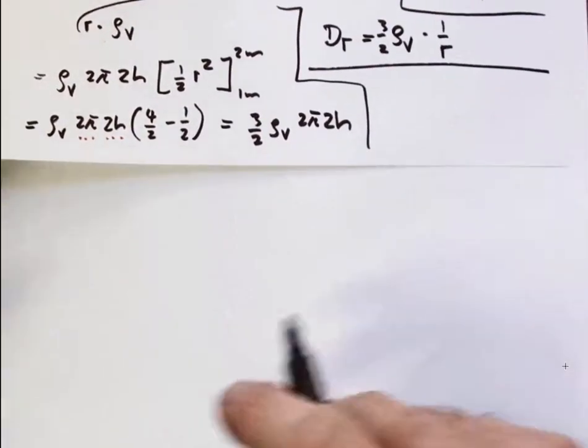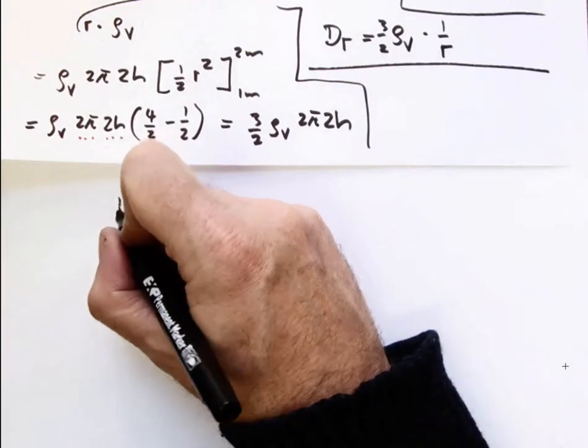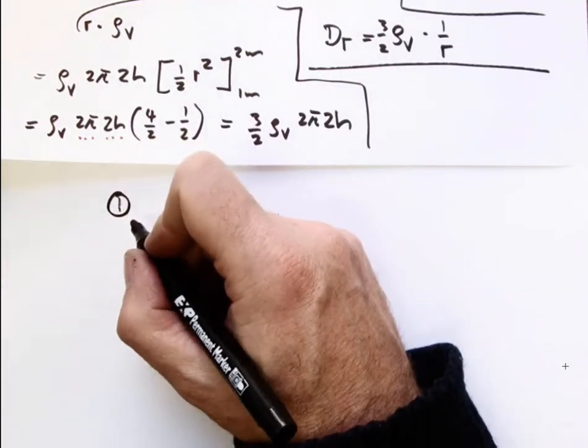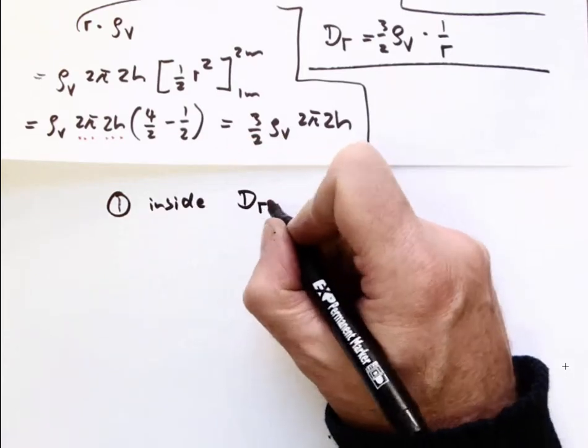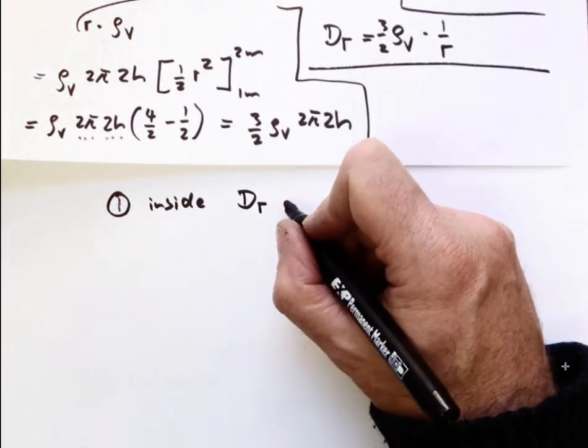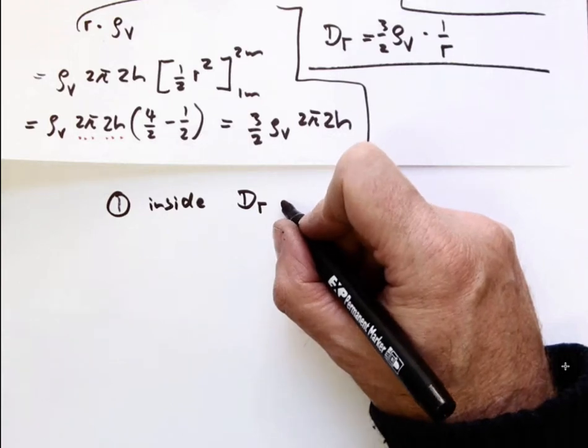Okay, so we now compile our results. For region 1 inside, the radial field magnitude, which is the only component of the field, is 0.